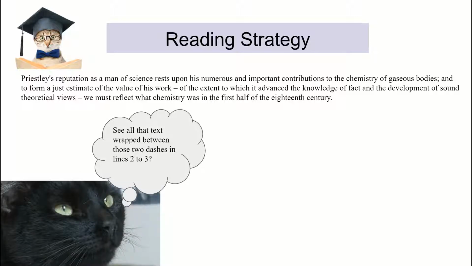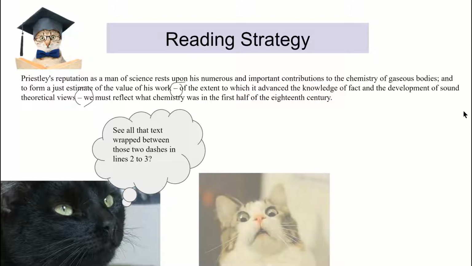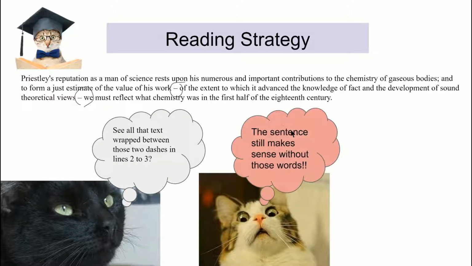So, you see all that text wrapped between those two dashes in lines 2 to 3? So here we got a dash, right? And then we got a dash there. All right. You can omit that. So if you have Priestley's reputation as a man of science rests upon his numerous and important contributions to the chemistry of gaseous bodies, and to form a just estimate of the value of his work, we must reflect what chemistry was in the first half of the 18th century.